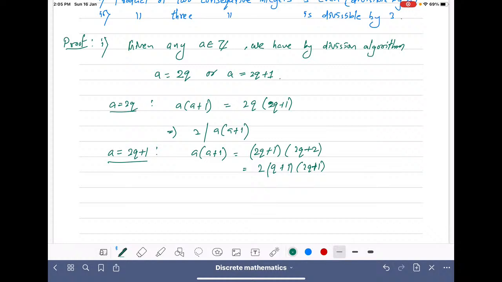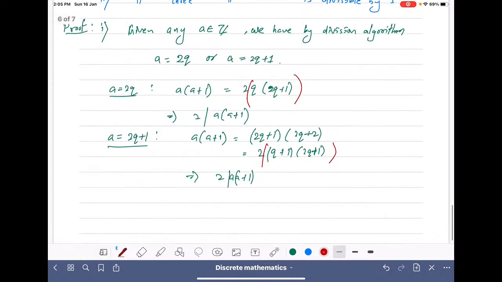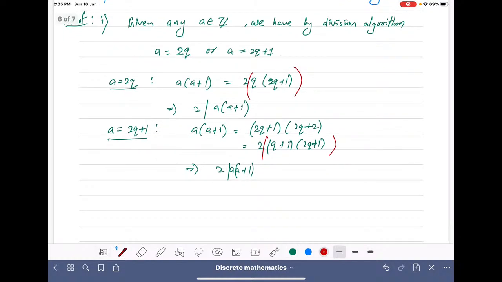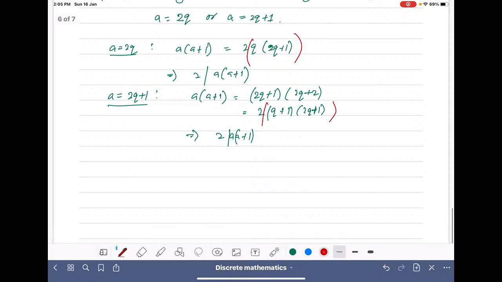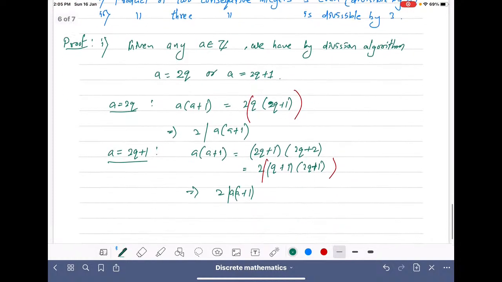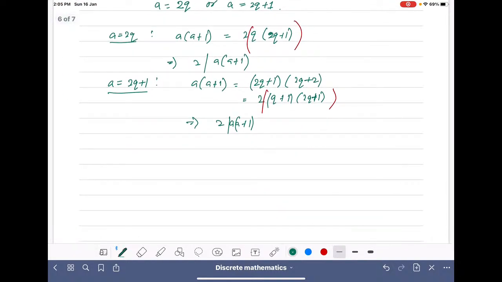So this again shows 2 divides a into a plus 1. A into a plus 1 is equal to 2 into something. So that's it. This is the proof of bit 1.